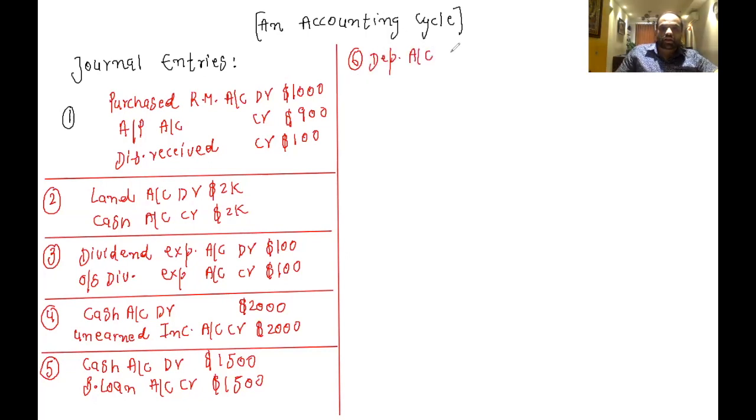Depreciation account debit and car, right? It's a car. Car account credit. 1,000 and 1,000. 1,000 is 10% of 10,000.